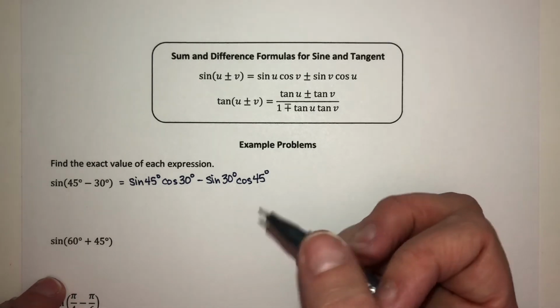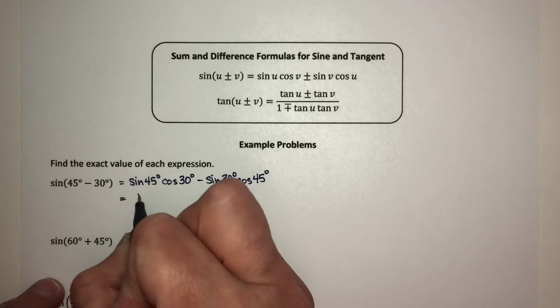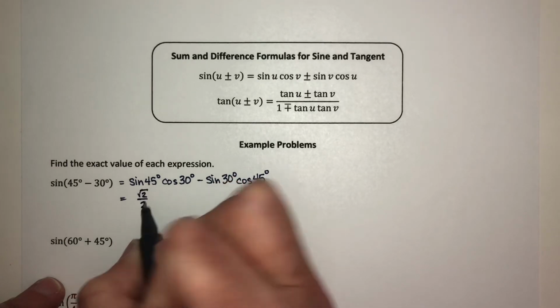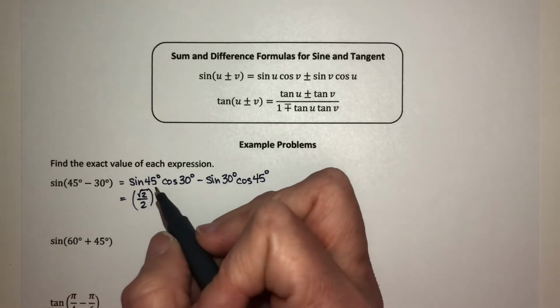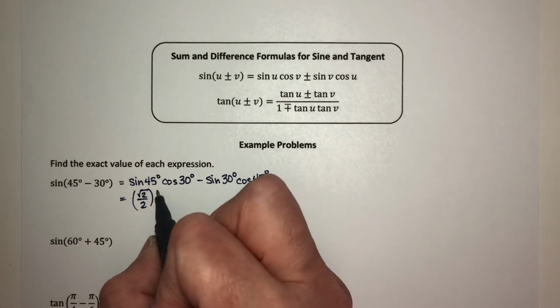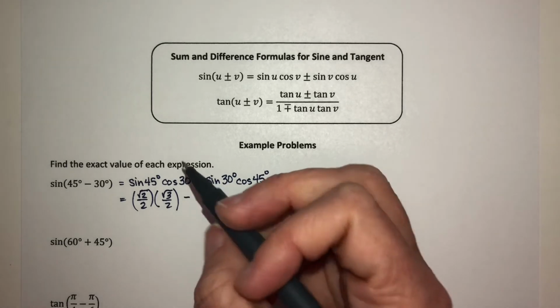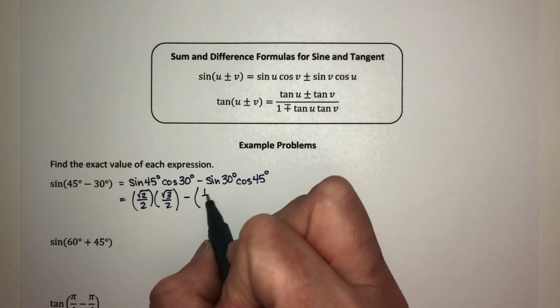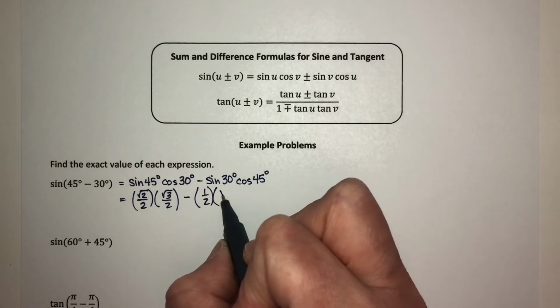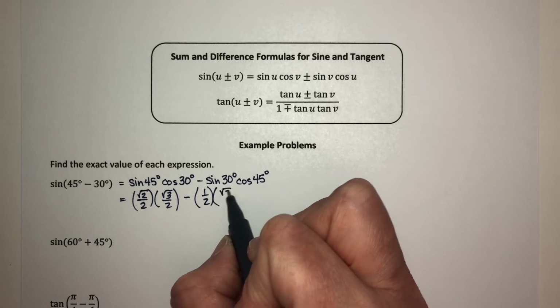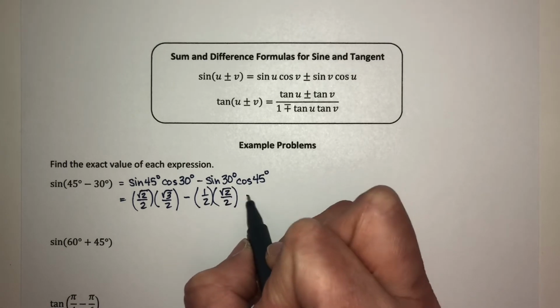Okay? And sine of 45 degrees is the square root of 2 over 2. Cosine of 30 degrees is square root 3 over 2. Minus sine of 30 degrees is 1/2. Cosine of 45 degrees is square root 2 over 2.